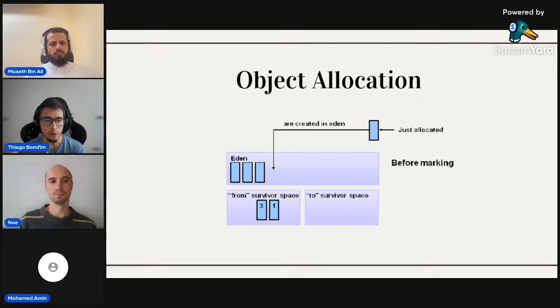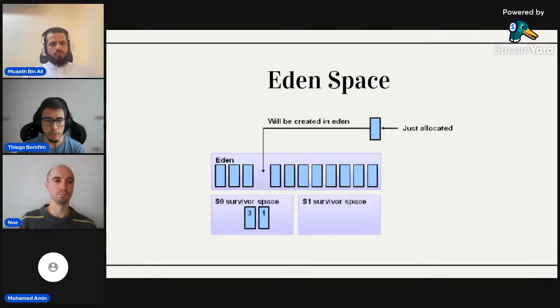The object will be created in the Eden space. After that, when the garbage collector runs, if the object still has a reference, it will move to the survivor space. Otherwise, it will be cleaned.